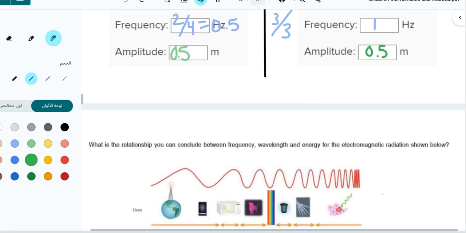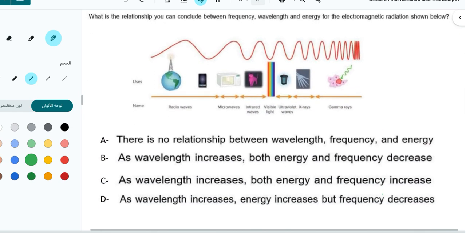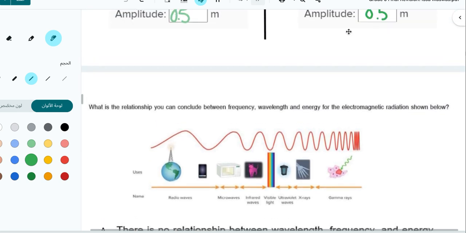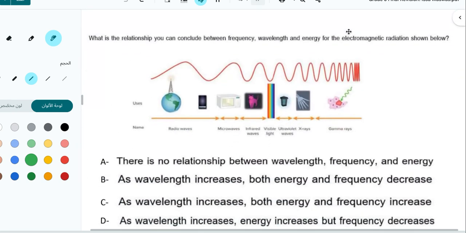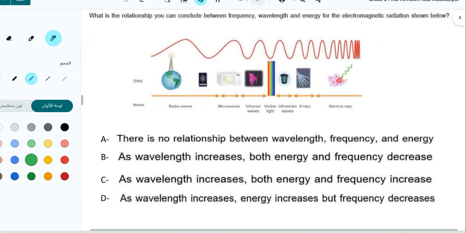Okay, so let's finish up with these properties of waves. What is the relationship you can conclude between frequency, wavelength, and energy for the electromagnetic radiation shown below? We can see wavelength here is very long.